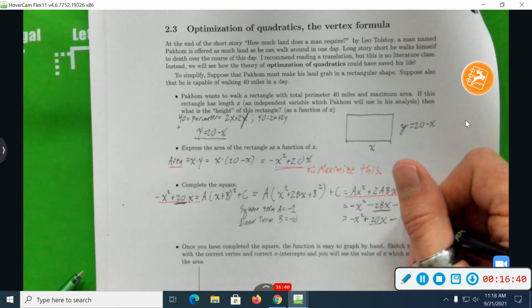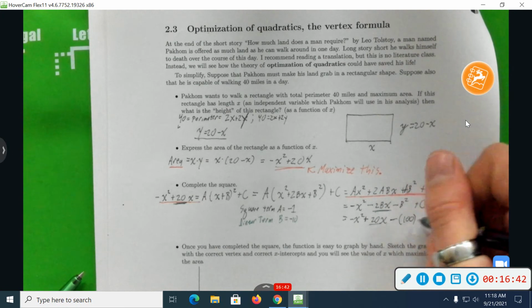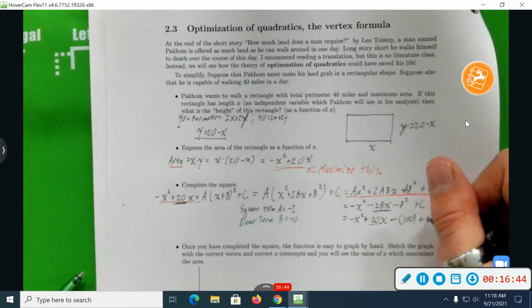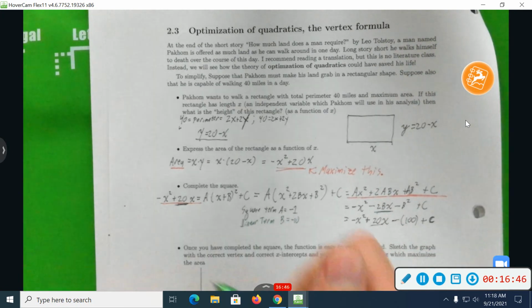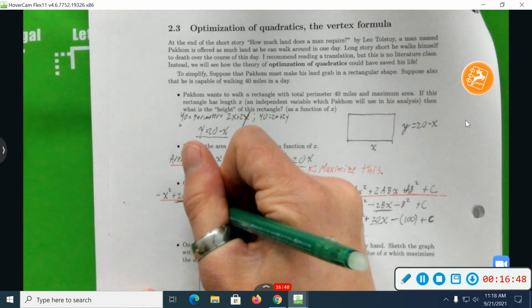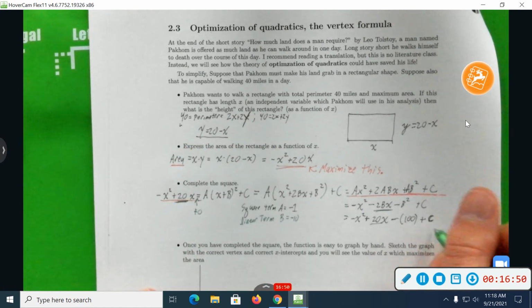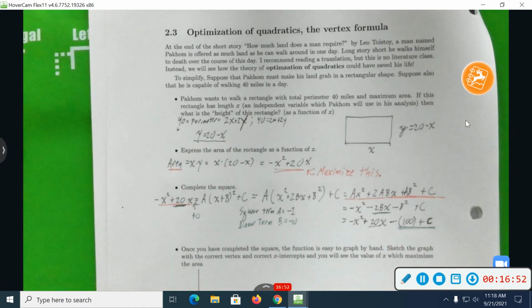Minus b is -10. And finally, the constant term. So I guess the constant term there is a 0. So what does that tell you about c?